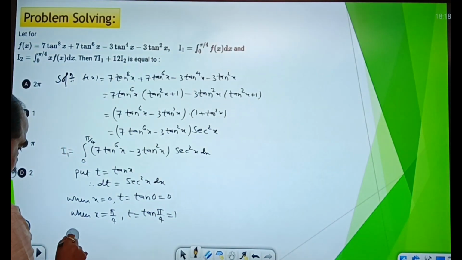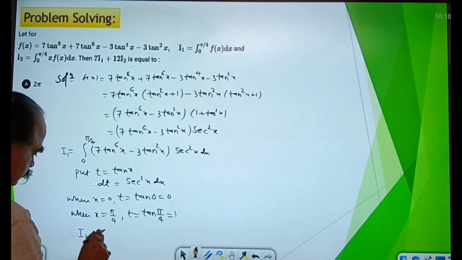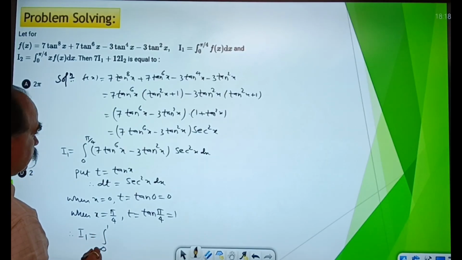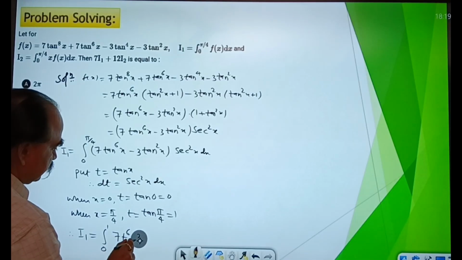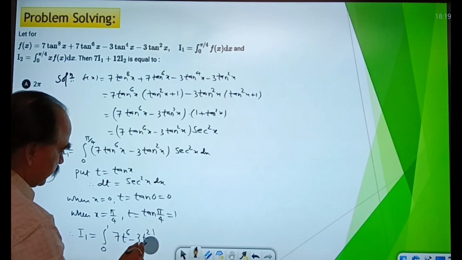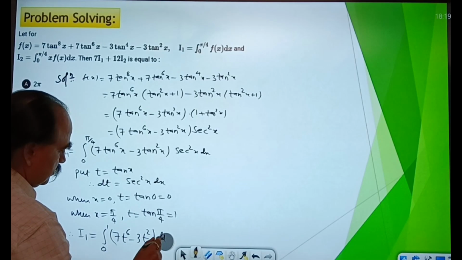So I1 will become integral 0 to 1 of (7t^6 minus 3t^2) dt.